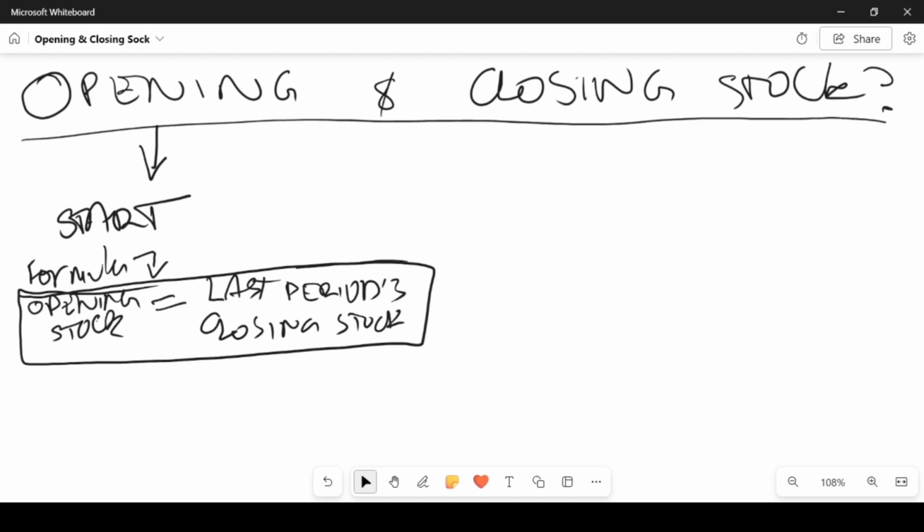Then for closing stock, remember closing stock is at the end of the period, and closing stock is the one that you actively have to calculate, because closing stock is the stock you have left at the end of the period after you've taken into account everything that's happened. This is exactly the formula.